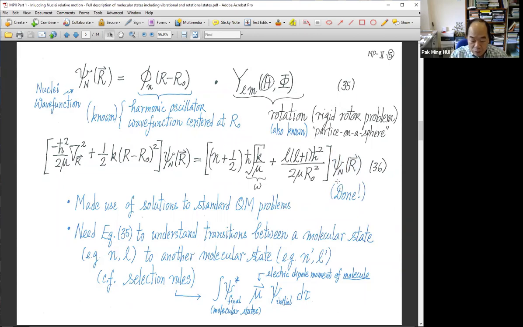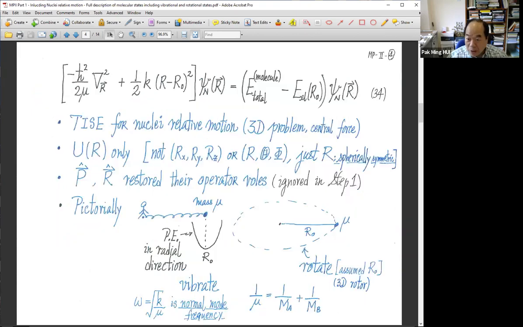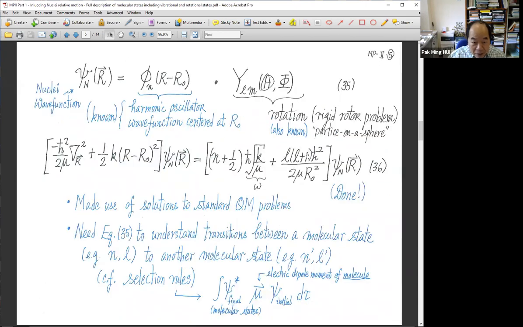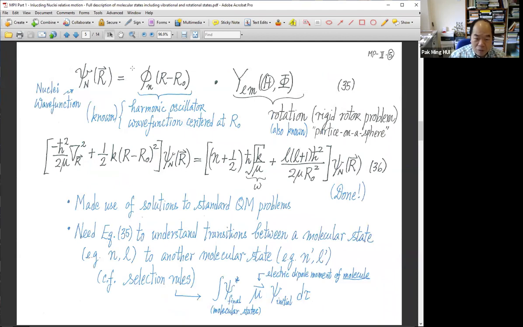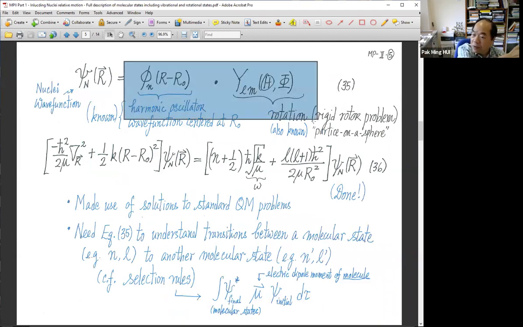Now, if you're not happy about this without math treatment, I encourage you to, step by step, plug this thing into here and then see how this operator, the Laplacian, you write it out in R, theta, phi and then operate on this product of wave functions.